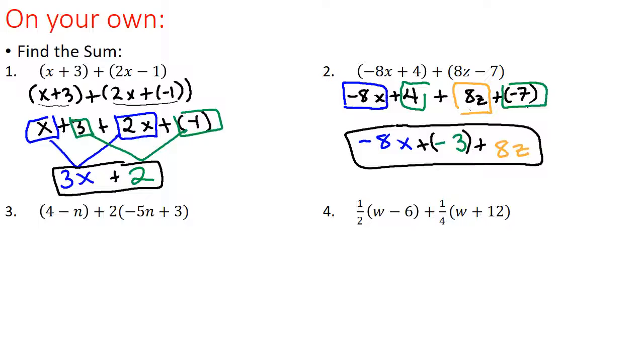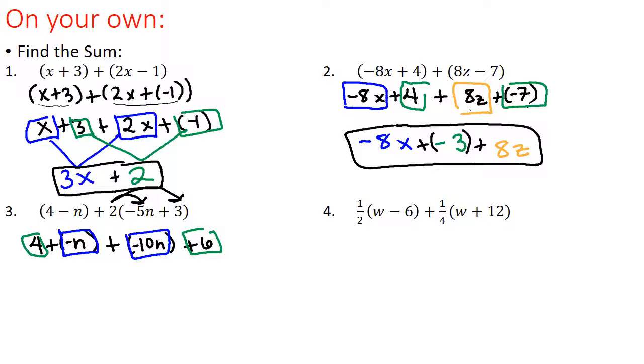So as I look at this, I can rewrite this using addition, so it'll be 4 plus negative n plus 2 times negative 5n will give me negative 10n, and 2 times 3 is going to give me 6, so plus 6. I can come back and look for my like terms, so I have minus n and minus 10n, I have 4 and I have 6, so I can combine my like terms.